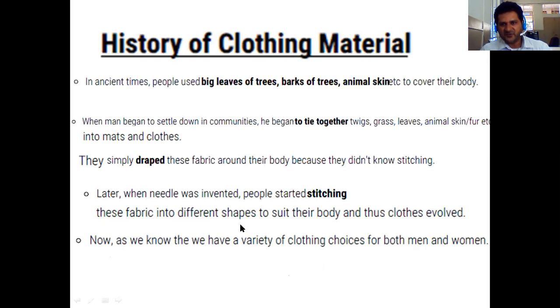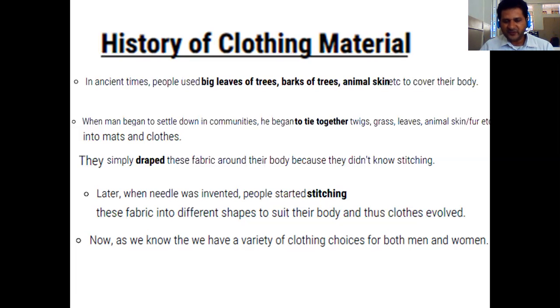If we come to the history of clothing material, in ancient times people were wearing tree barks, tree leaves, and animal skin, etc. When development took place slowly, those were replaced by cloths. When the needle was invented, they started stitching by hand, and as development progressed, they started using machines for stitching to get different designs and variety of clothing.